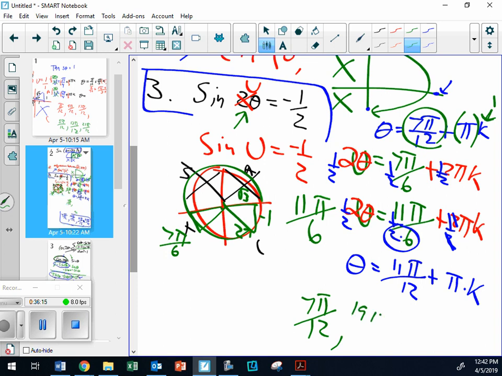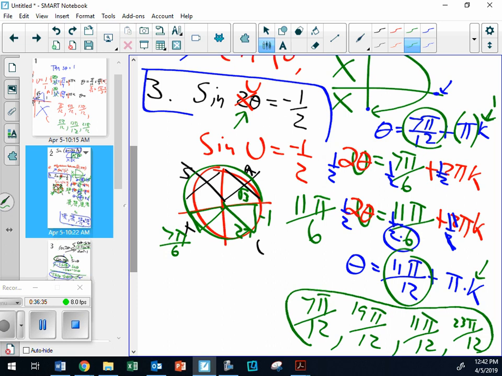That makes 19 pi over 12. And then there's this one, which is 11 pi over 12. And then the last one, which is putting in a 1 here, makes 12 pi over 12 plus the 11 is 23 pi over 12. And there's my 4 answers for that one for the kids at home.